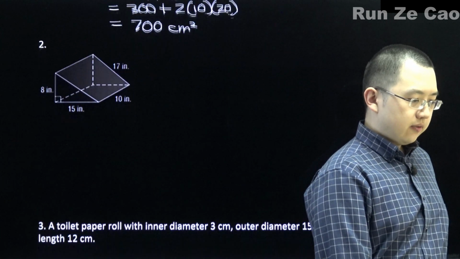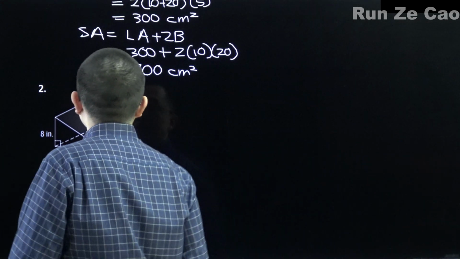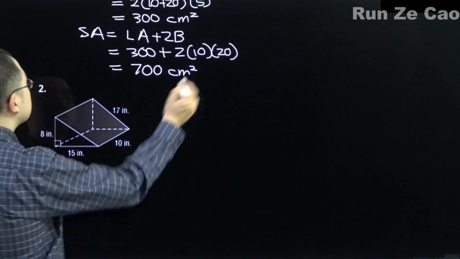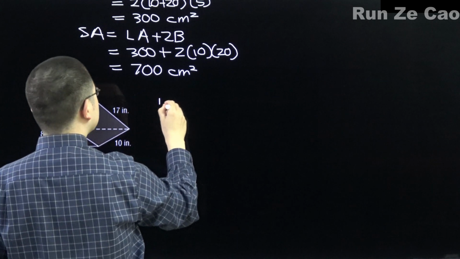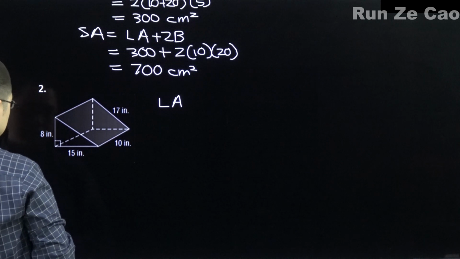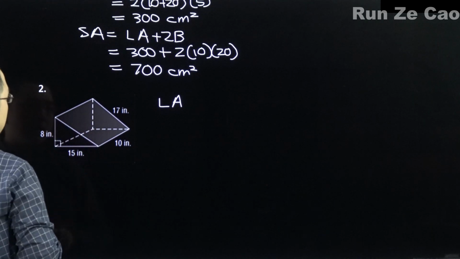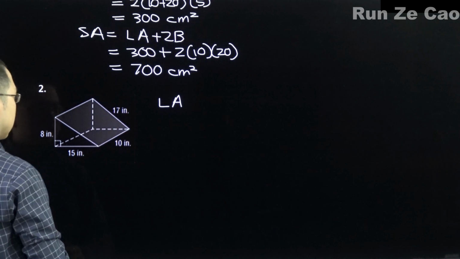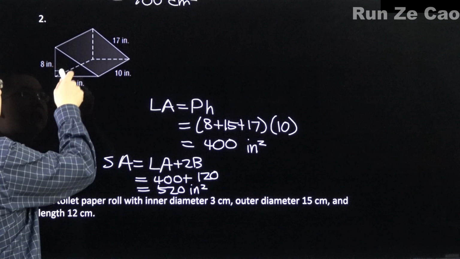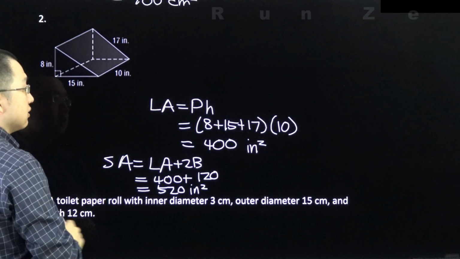Now here we have a triangular prism. And the lateral area is the rectangular sides. Now, we have to figure out how long this is, right? Well, we would if it wasn't labeled for us. The lateral area here is the perimeter of the base times the height.